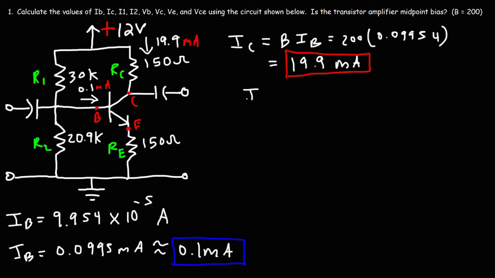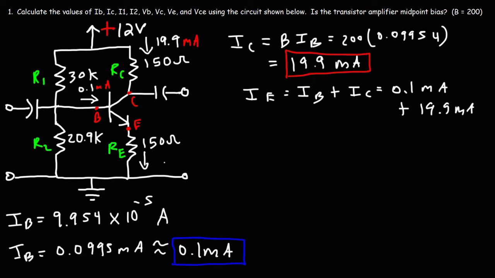So now we can calculate the emitter current. The emitter current is going to be IB plus IC. So IB is approximately 0.1 milliamps. IC is 19.9. So the emitter current is going to be approximately 20 milliamps.